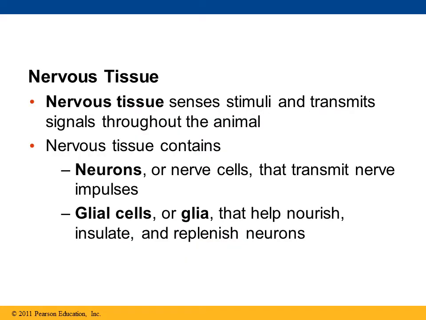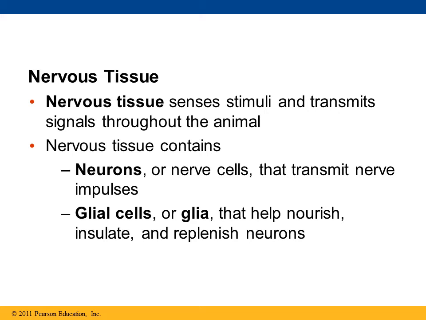So the 4th type of tissue is the nervous tissue. Now the nervous tissue is responsible for sensing stimuli and transmitting signals throughout the animal. Remember that stimuli are conditions or actions that cause a response in an animal or an organism.